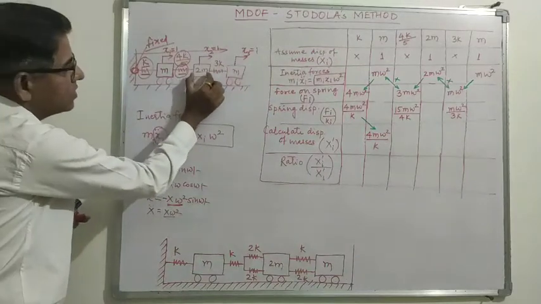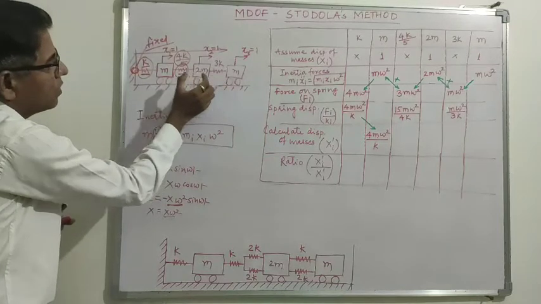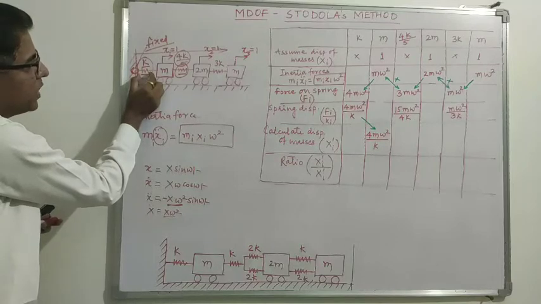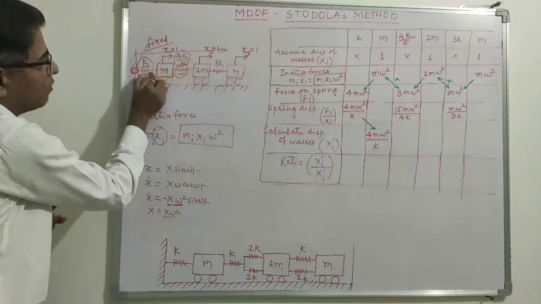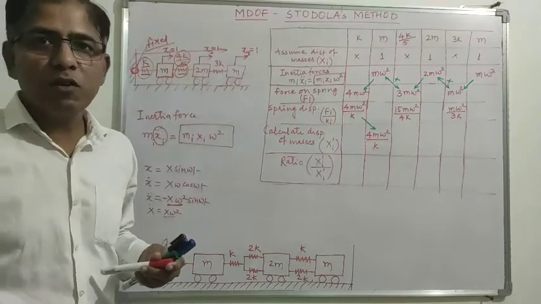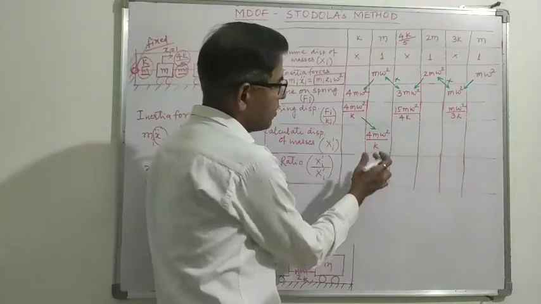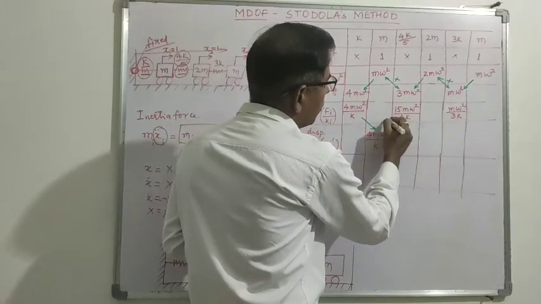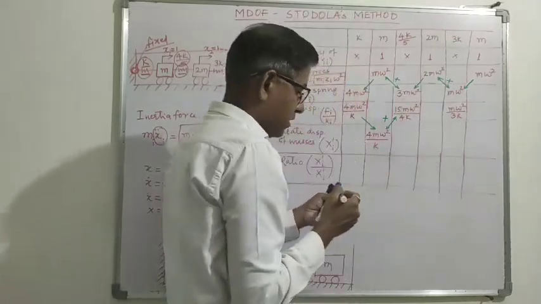Now, how much will this 2m displace? This 2m will displace by the amount of the first spring displacement and the second spring displacement. The summation of spring 1 displacement and spring 2 displacement will give you the displacement of the second mass. So we will add the displacement of the first mass and the displacement of the second spring, and that will give you the displacement of the second mass.